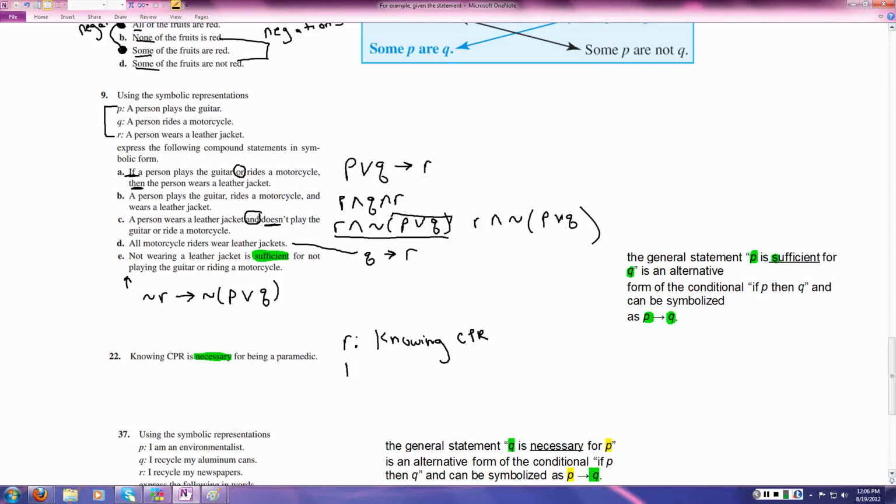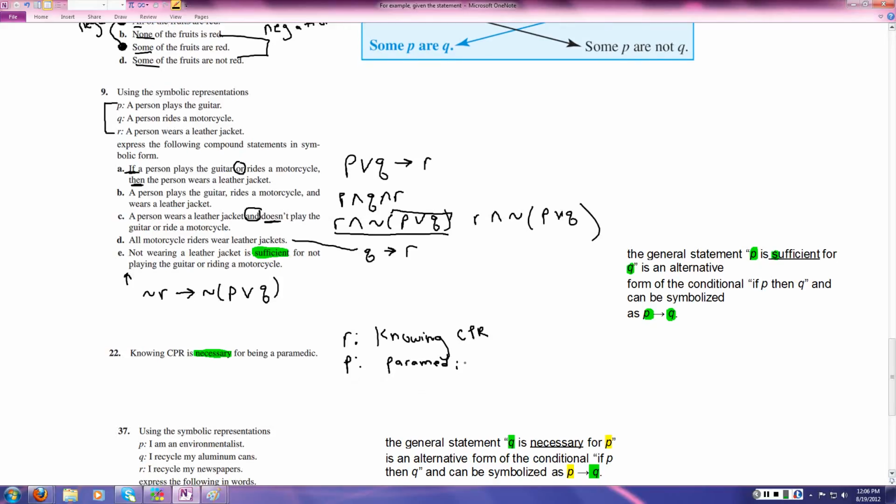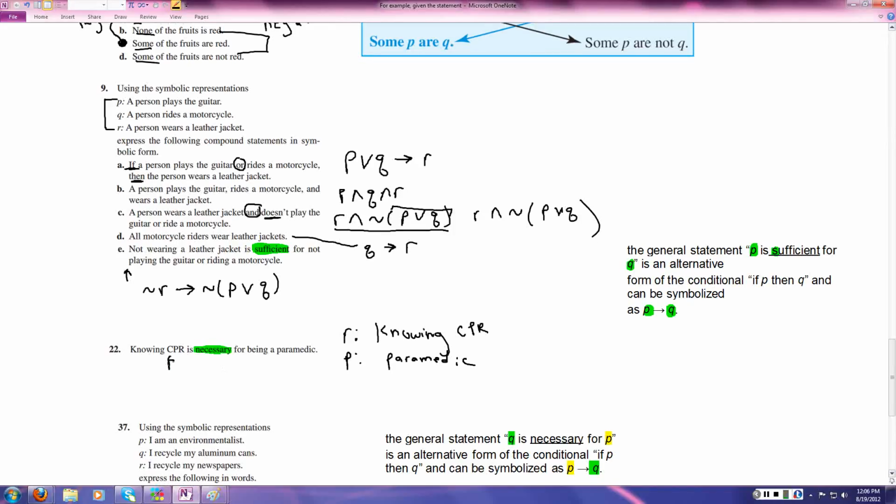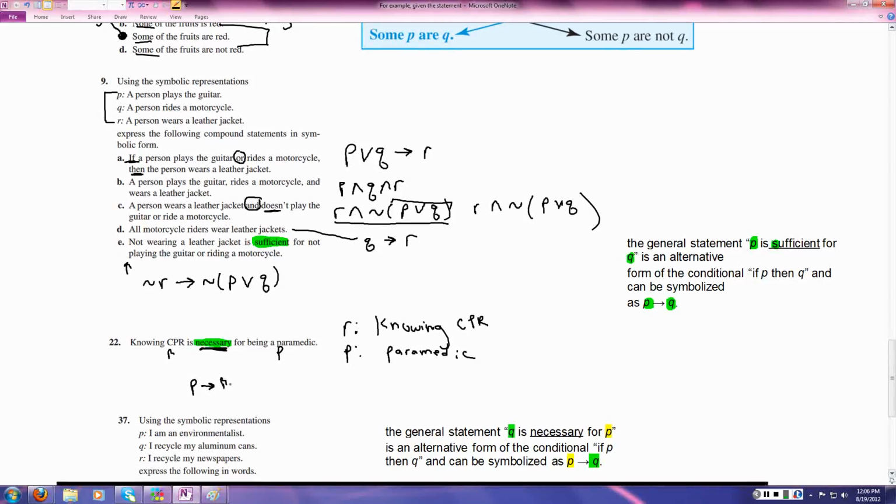And let's say P is being a paramedic. So the order would be R and then P, but the necessary tells us that I'm going to flip the order. So this would be R necessary for P, but I'm going to write that P implies R.